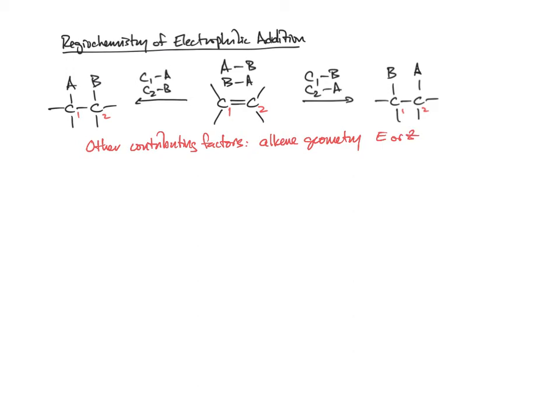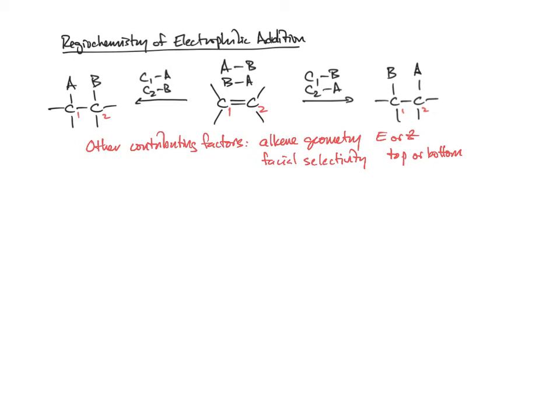The starting geometry of your alkene, whether it's E or Z, that contributes to the outcome. And the facial selectivity of the addition, for lack of a better word for describing this now, I'm just saying top or bottom.